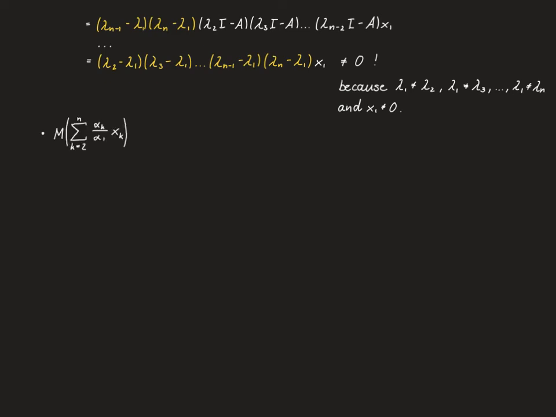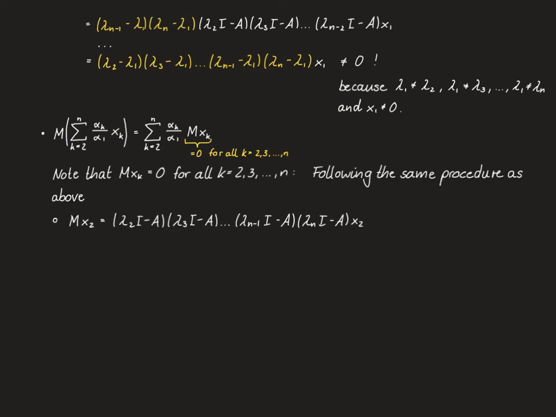Second, we also calculate the expression of M times the linear combination of eigenvectors from k equals 2 to n, which can also be written like this. Note, however, that all of these expressions Mxk are equal to 0 for k equals 2, 3, and so on up to n. Why is that the case?